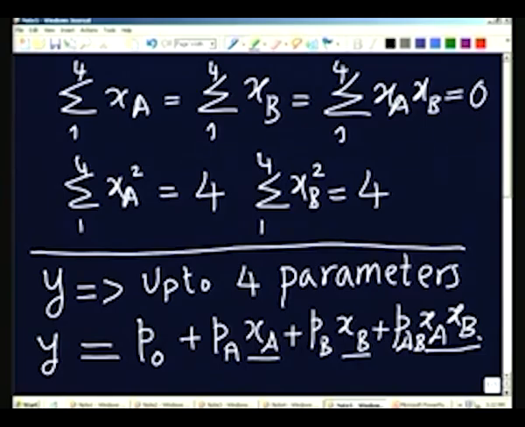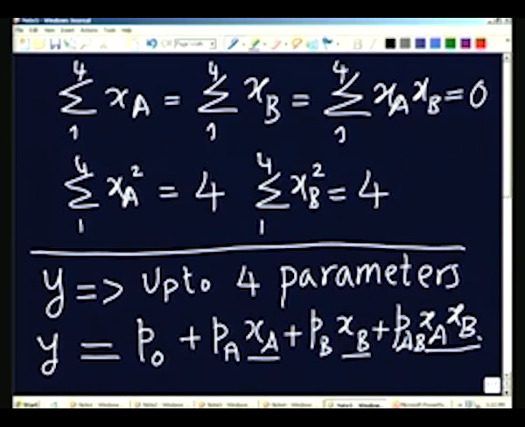That means, when I have only 4 experiments, 2 parameters and 2 levels, this is all I can do. I cannot have any other relationship between y and the quantity xa, xb and the product of xa, xb. So, how do I find out these values? There are 4 experiments I am conducting.